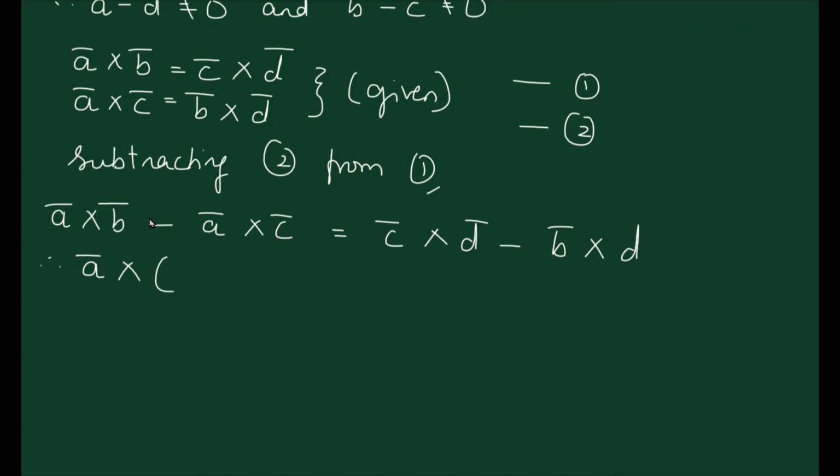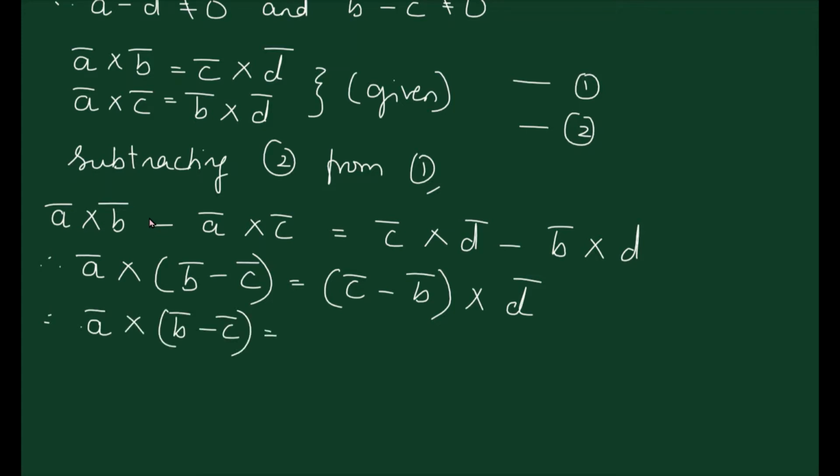It is A cross B and A is in the first position and in the second term also A cross C. Therefore, we can write A cross B minus C is equal to, in this case, C cross D and B cross D have D common, but D is in the second position, so we write it accordingly: C minus B cross D. Now in the next step, LHS remains the same, A cross B minus C. In the RHS, if we change the order of C minus B, it becomes minus B minus C cross D. And in the next step, suppose the term is brought to the initial position, the minus sign changes, again it becomes plus.